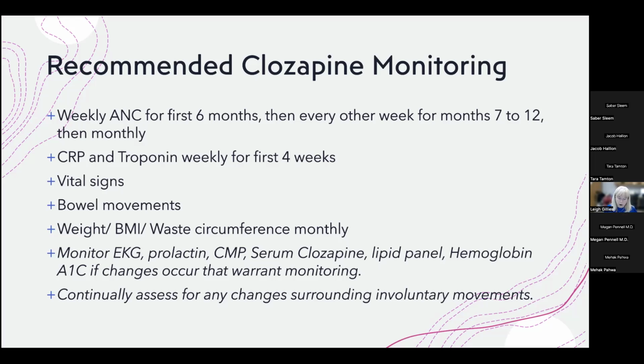For vitals, what kind of changes in vitals are we looking for with clozapine that might be signs of side effects? Anybody? Mueller? Tachycardia and hypotension, especially orthostatic ones. Mm-hmm.